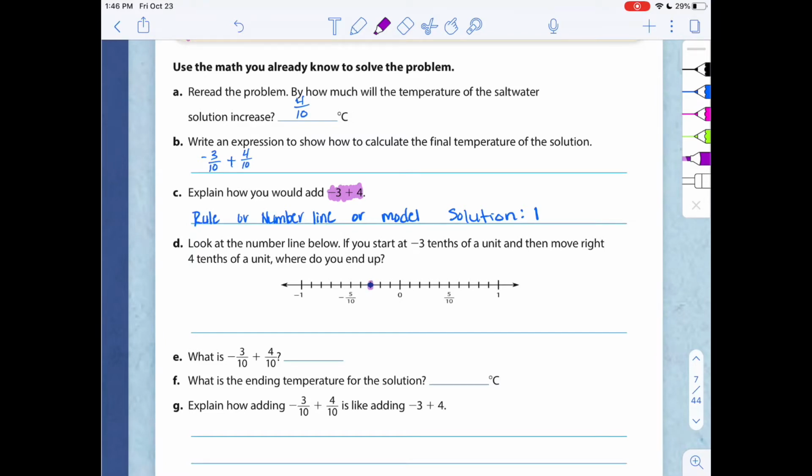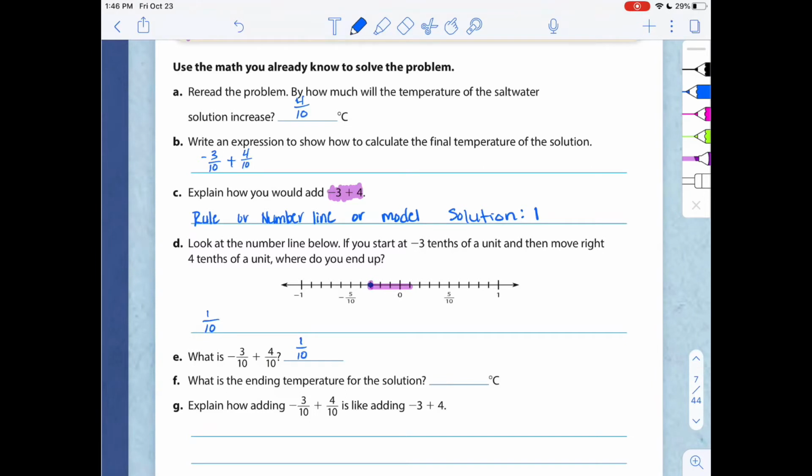If we move to the right 4/10 of a unit, 1, 2, 3, 4, where do we end up? We end up to the right of 0, specifically at 1/10. So we can apply this to help us solve -3/10 plus 4/10 is a +1/10.